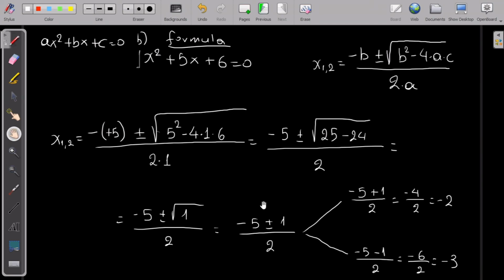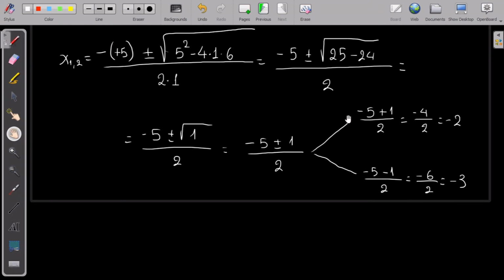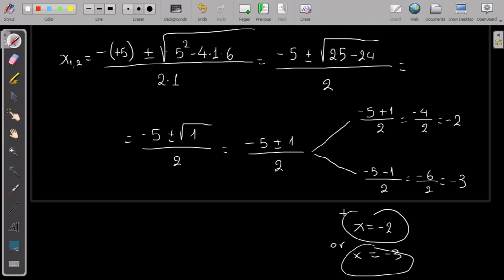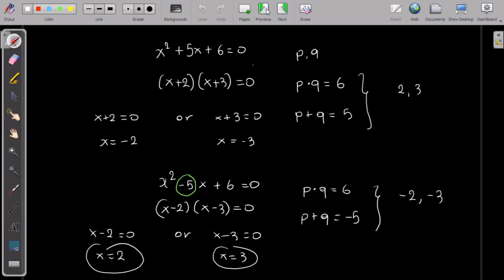Now be careful. With the quadratic formula, I immediately have the solutions. What's the solution? x equals minus 2 and x equals minus 3. And if you see, with the factorization method, what was the answer? x equals minus 2 and x equals minus 3.